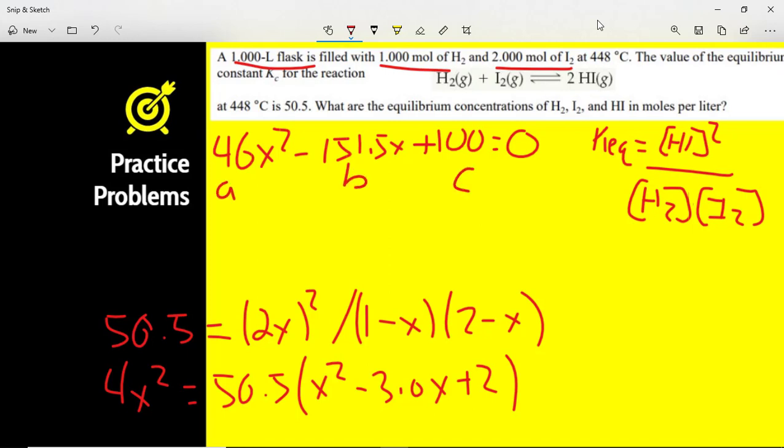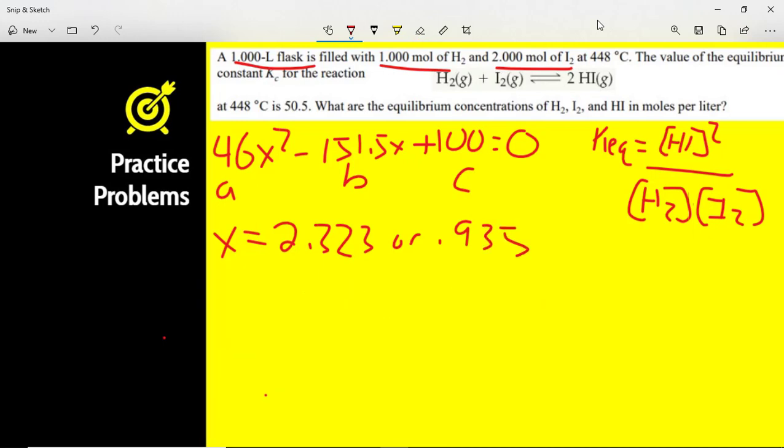What we end up finding is that x is either 2.323 or 0.935. So now that we have x, we can go back to our equilibrium expressions.